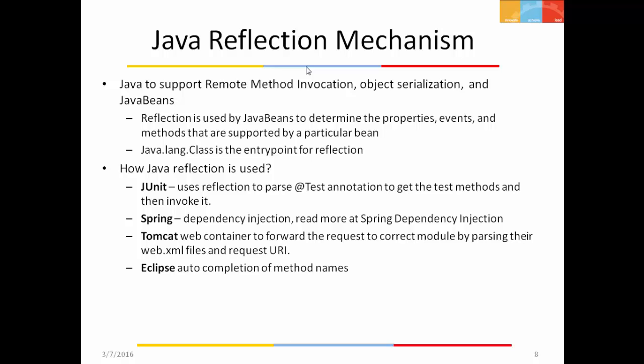Eclipse is an IDE, or integrated development environment, in which today people build their Java projects, C++ projects, Perl projects, and so on. Eclipse also uses an auto-completion feature for method names. In fact, if you look at the Microsoft development environment called VSTS or Visual Studio, that also uses the same thing, where for a given class it can tell you what the available methods are.